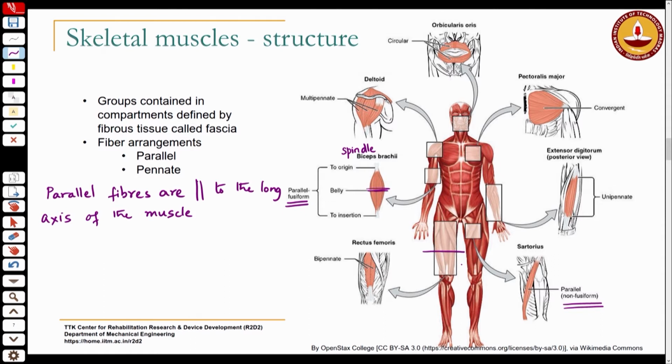Can you please elaborate on the difference between the fiber and muscles? Okay. So, muscles are essentially groups of fibers. We will talk about the structure. The compartments are bunches of muscles, which are covered by some connective tissue which is called the fascia. Now, if you look at a muscle itself, first of all the muscle can be what is known as a striated muscle or a smooth muscle. You may have seen that in your biology.